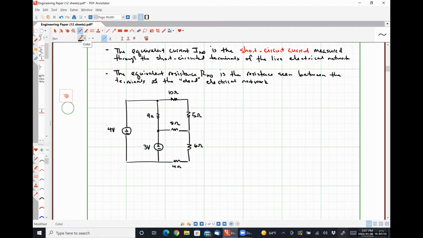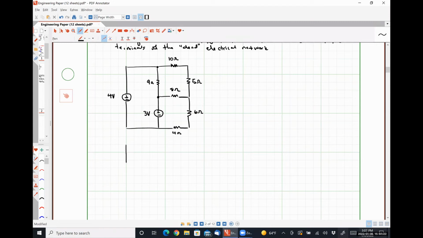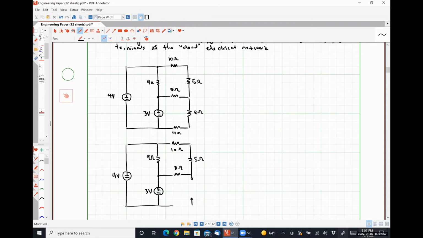We are going to find the Norton equivalent circuit with respect to that same 6 ohm resistor, which means for our short circuit current, we're going to redraw our circuit with the 6 ohm resistor taken out.